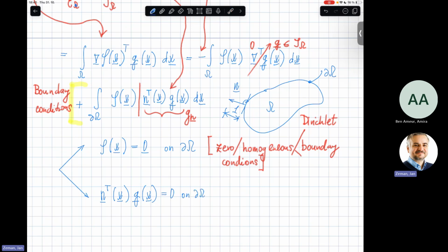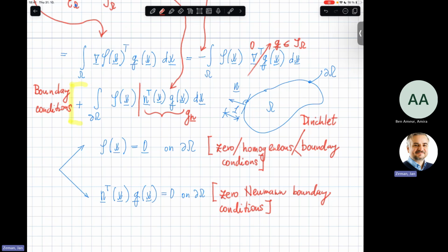But in any case, these are zero or homogeneous Neumann boundary conditions. Okay? So this is the other option.